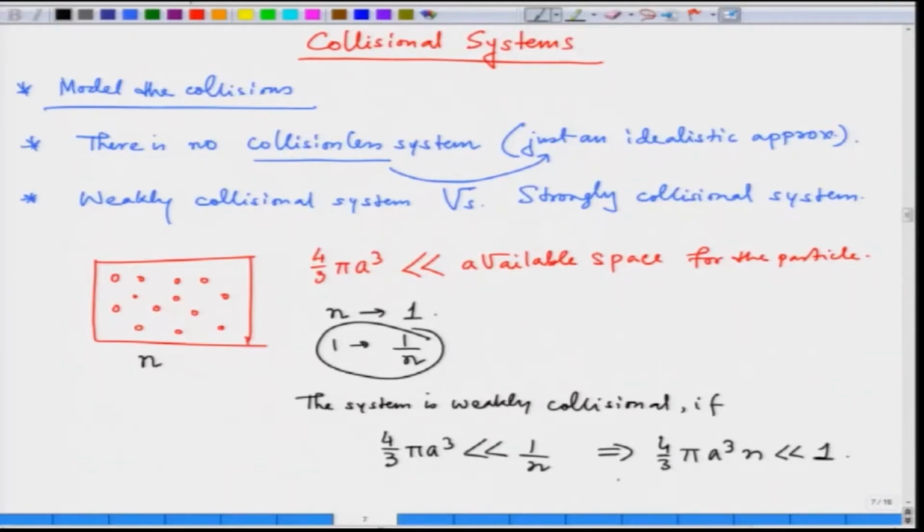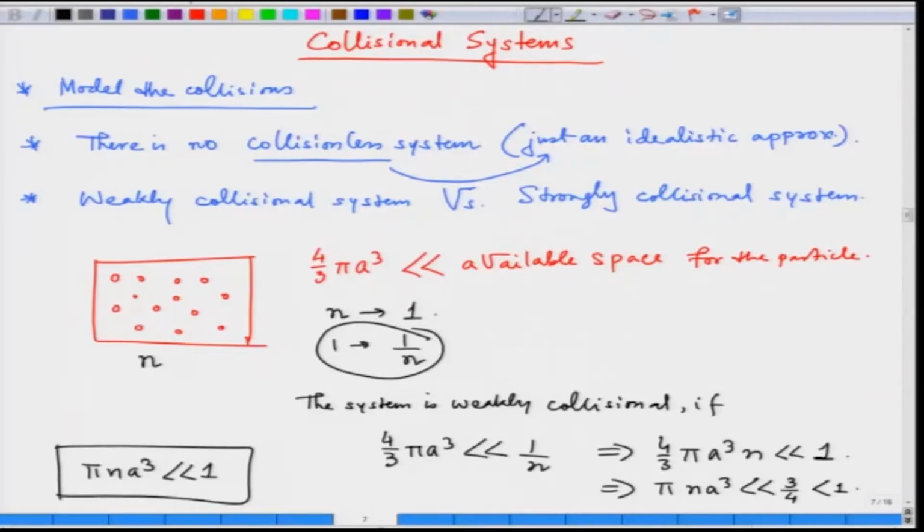So, you can say that pi n a cube should be less than 3 by 4, which again is less than 1. So, pi n a cube is very much less than 1. If you know the molecular radius, or the particle radius, sorry, every time I say molecule because I am thinking of gas molecules, but gas particles in general, and if you know the number density, then you can see whether the system is weakly collisional or not.